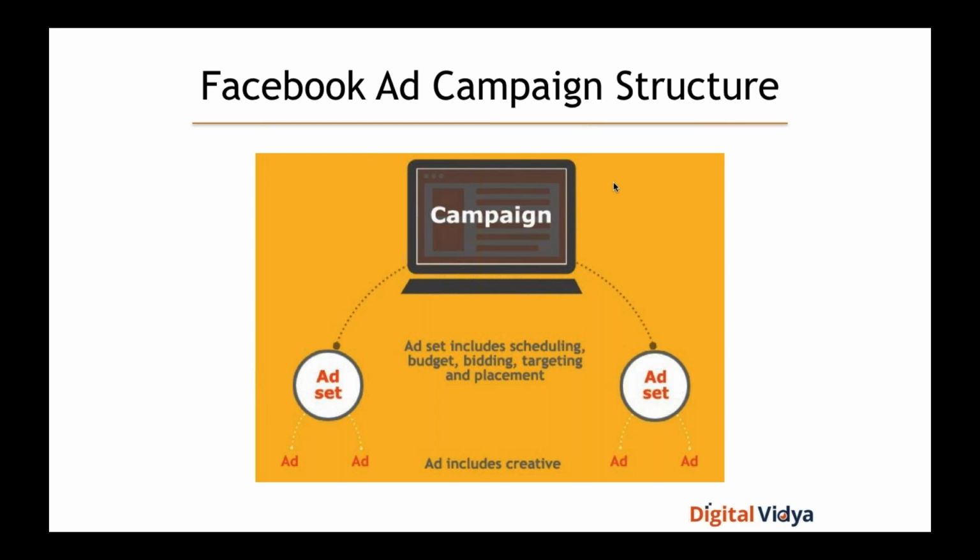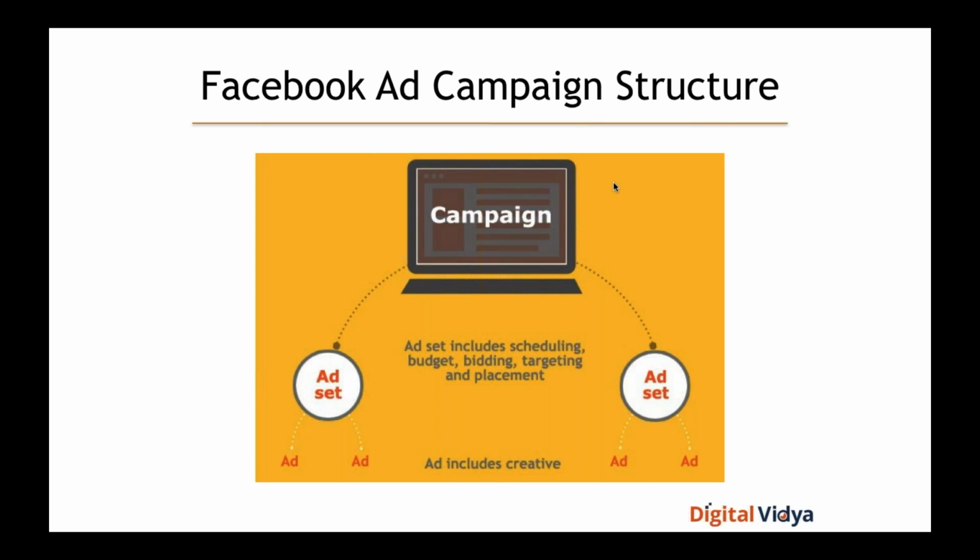Uniform or separate? Of course, separate, right? I mean, you cannot show a woman wearing a sweater to a man. They wouldn't be able to connect with the product. Same thing, you can't show kids wearing sweaters to a woman. So you need to have different approaches.